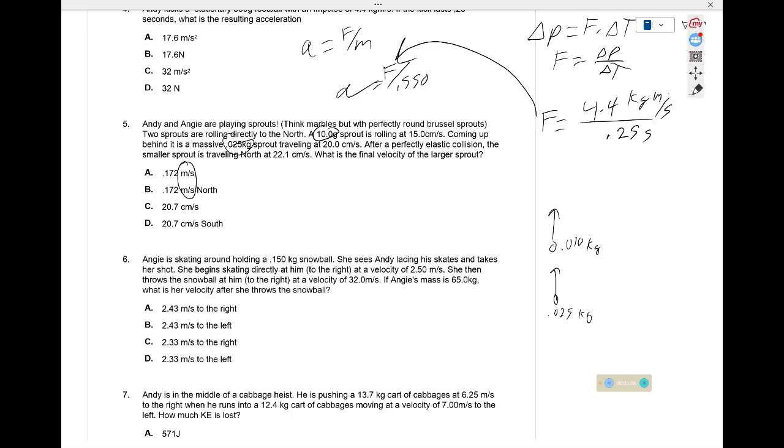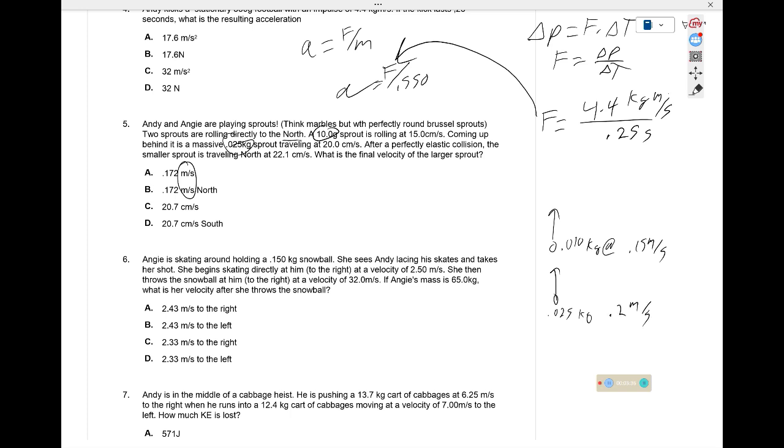But here's the thing, guys, look at this. They're both traveling north, right? They bump into each other, so they're both going to continue traveling north, assuming, well, let's see what happens. Maybe it bounces off and travels the other way. That could happen. So this one is at 0.15 meters per second, and this one is at 0.2 meters per second.